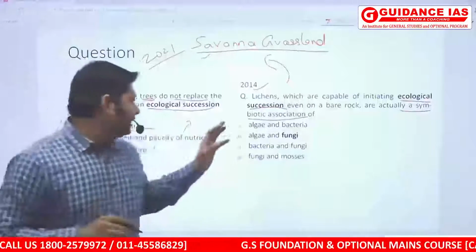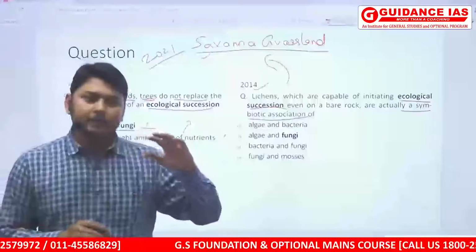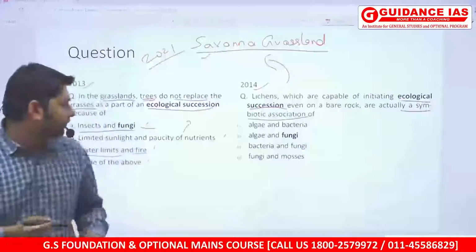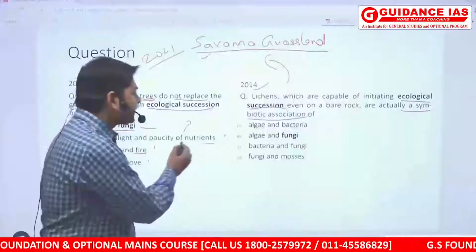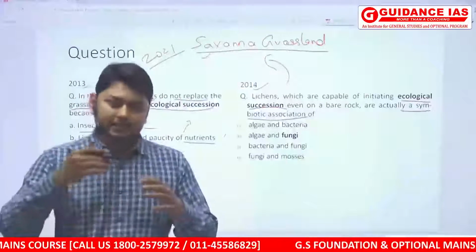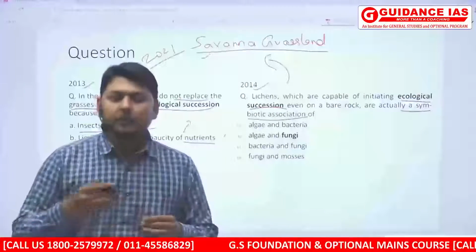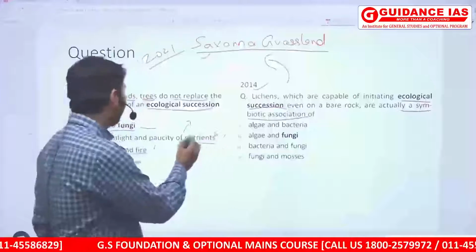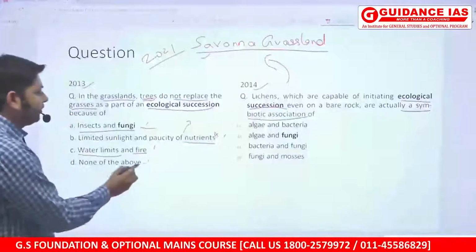And in the tropical evergreen rainforest, because of more rainfall, there is nutrient deficiency as the nutrients get leached out by excess rainwater. So this is not the option, nor is none of the above.